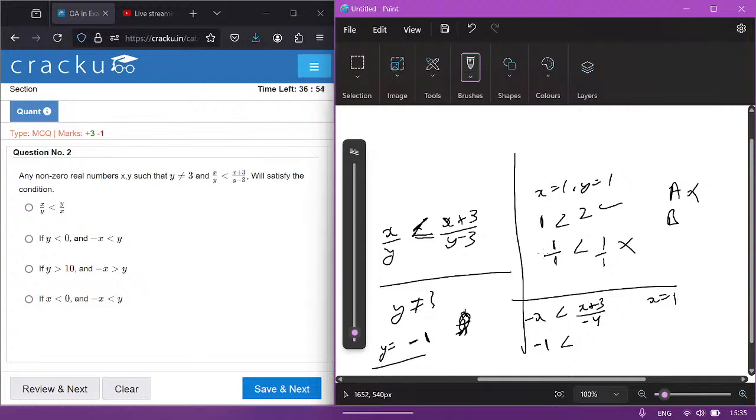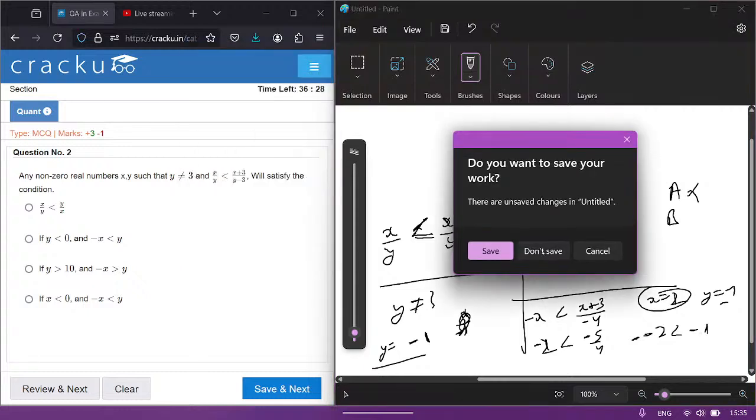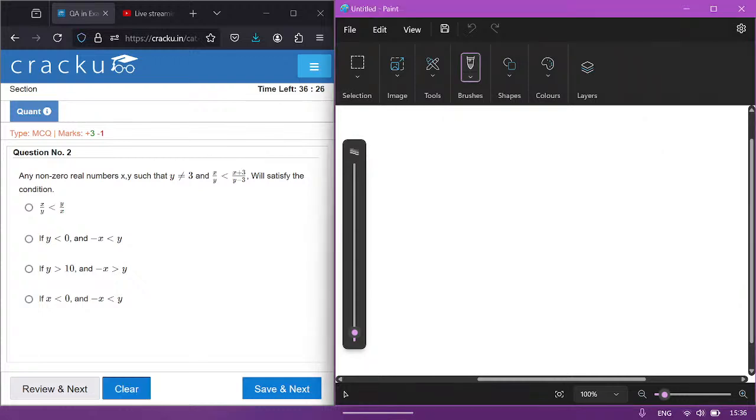Let's take x is equal to 2. This is minus 2. This is minus 5 by 4. So this satisfies, yeah. So x is equal to 2, this is satisfying. y is equal to minus 1. So, is minus 2 less than minus 1? I'll just skip this question. I wasted my time.